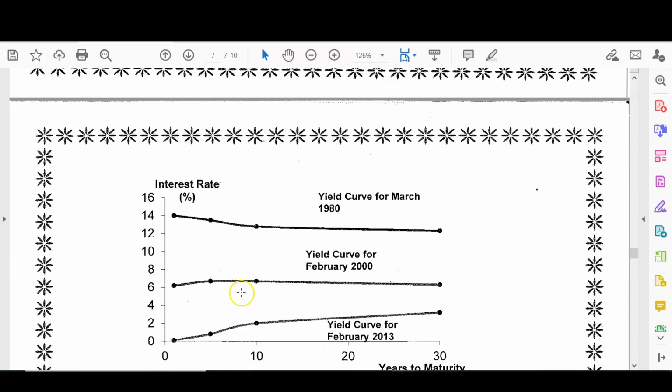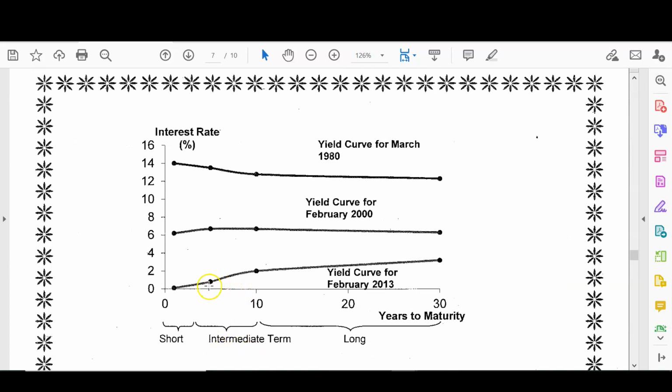As a result, if we look at the yield curve, which shows the term structure for us, again, the x-axis is years to maturity, T. The y-axis shows interest rate, R. As T goes up from 0 to 10-year, 20-year, 30-year, R can go down, stay unchanged, or go up. So the yield curve can be upward sloping, downward sloping, or not changed.